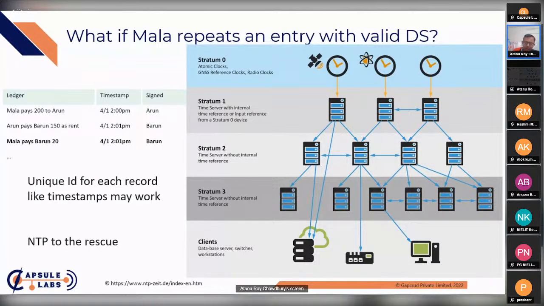And these are synchronized against what are called stratum zero atomic clocks, and this is cross-referenced with the GPS system, with the GNSS reference clocks as well, right? At each stratum closer to the previous stratum, there is significantly more confidence of having lesser drift. But the moment you start having a drift, if there's NTP running on your computer, it will sync up with some other server that has a higher confidence of the global time.